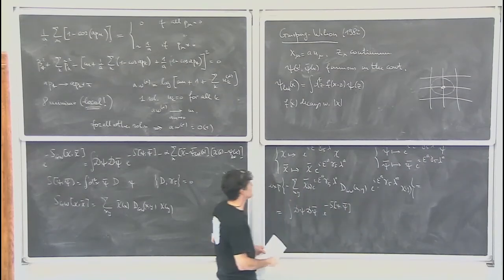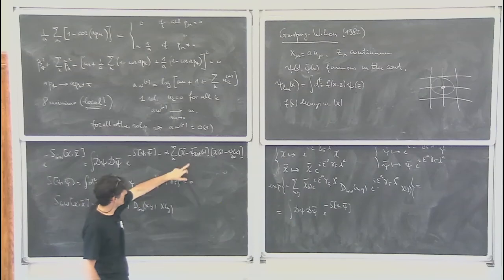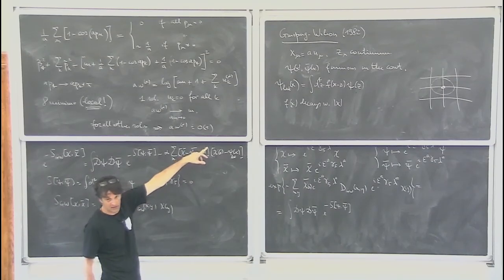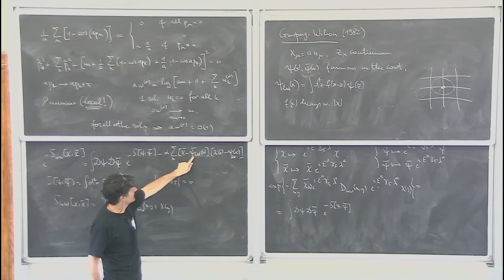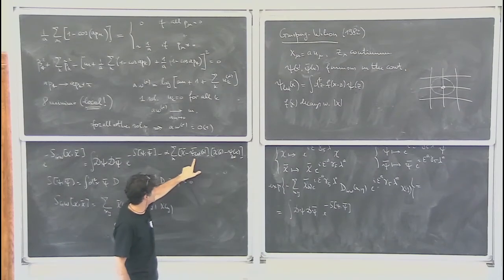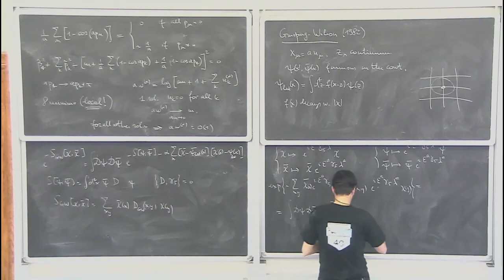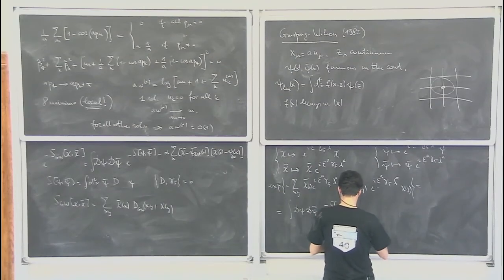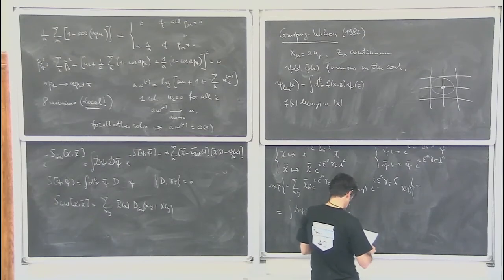And now, because of this change of variables, and because these guys are linear in psi and psi bar, then psi lat and psi bar lat transform exactly like chi and chi bar respectively. Okay? So I get an overall term which looks like this.